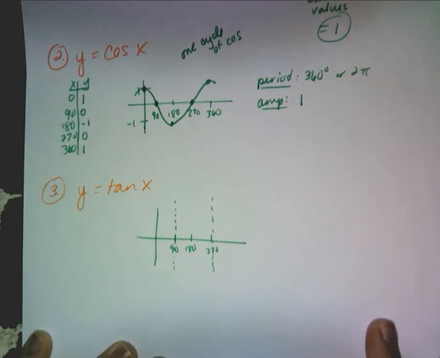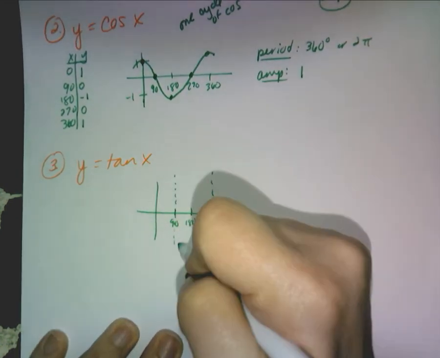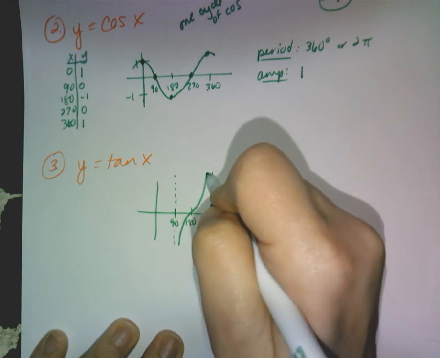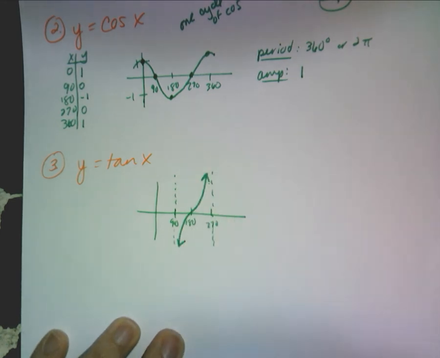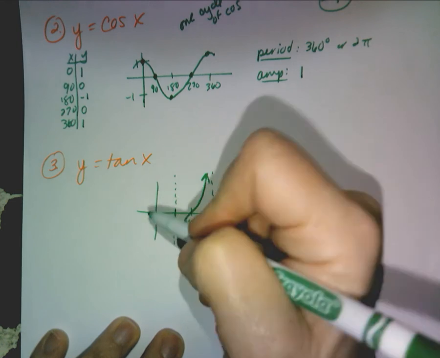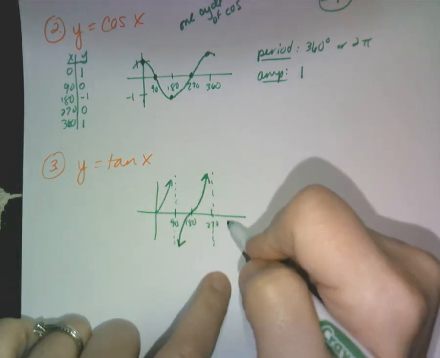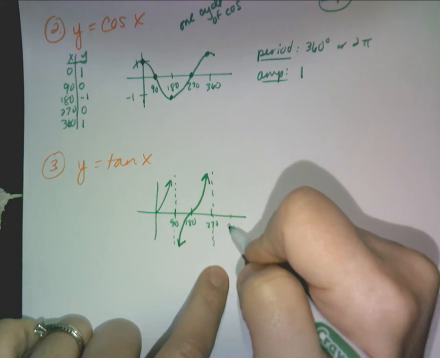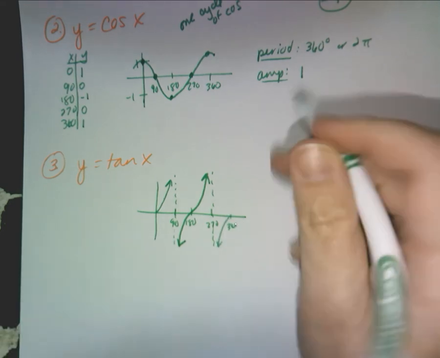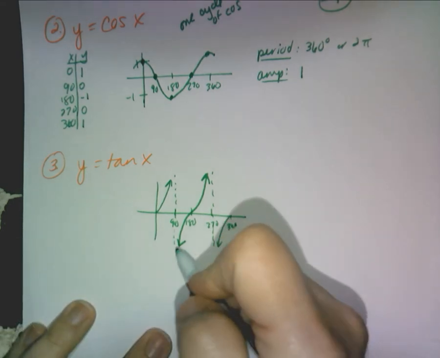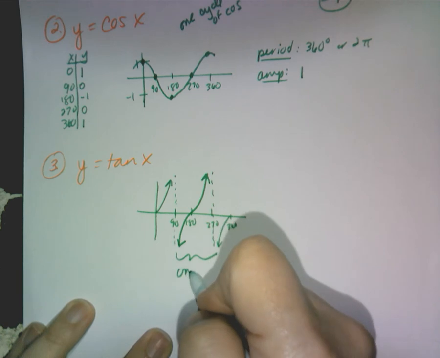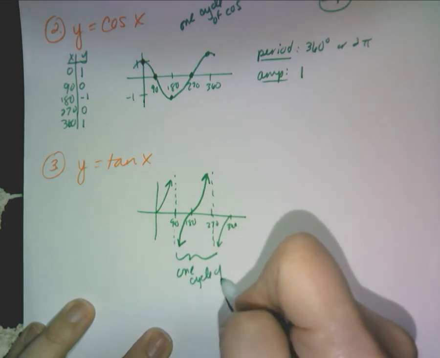Your tan graph looks like this. It actually almost looks like the cubic function. You would see, by the way, another piece of the graph right here and another piece of the graph, like if you were doing 360, you would see that. But really, your one cycle of tan is right here.